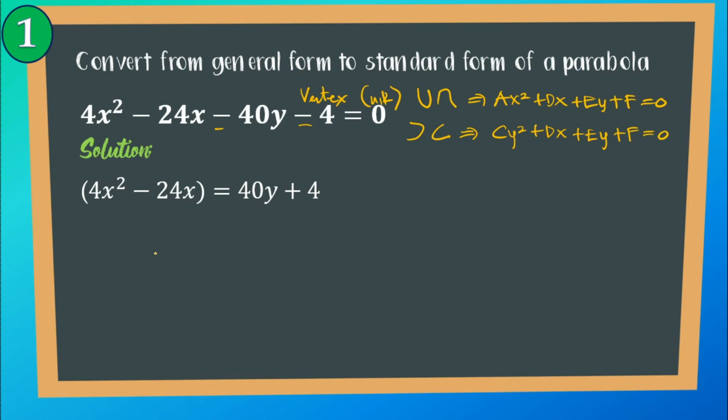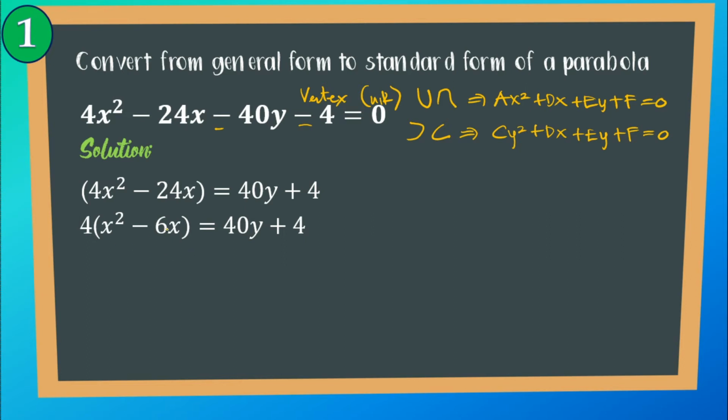So, next naman, gagawin natin. Since makikita natin yung x squared, mayroong numerical coefficient na 4. Factor out natin to. So, lalabas natin yung 4. So, magiging x squared minus 6x, because 24 divided by 4 is 6, equals 40y plus 4. Tapos, gagamitin natin yung completing the square para makabuo tayo ng perfect square trinomial here.